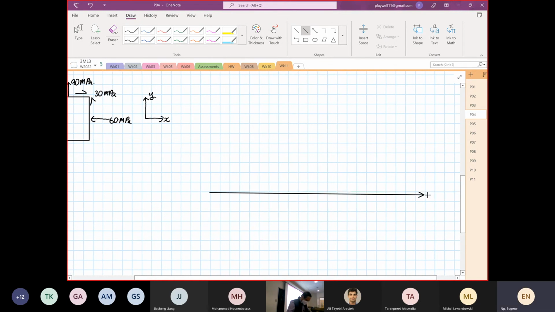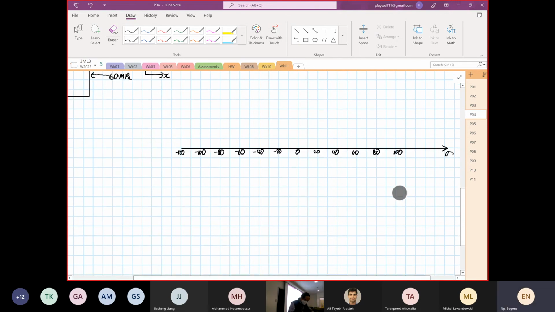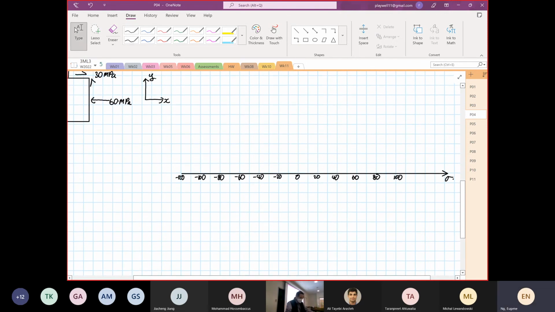So this is our normal stress. So I'm going to start from maybe minus 120. Then 100, 80, 60, 40, 20, 0, 20, 40, 60, 80, and 100. I don't know whether it's enough or not. If not enough, then we draw some more.